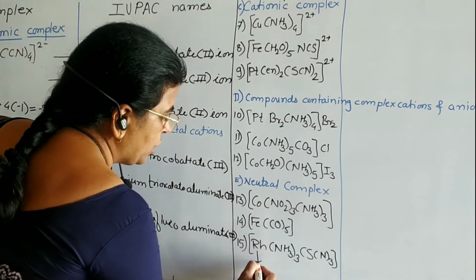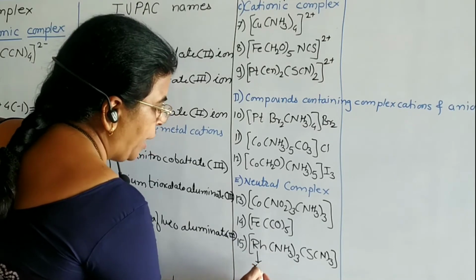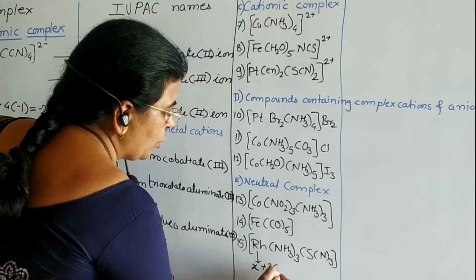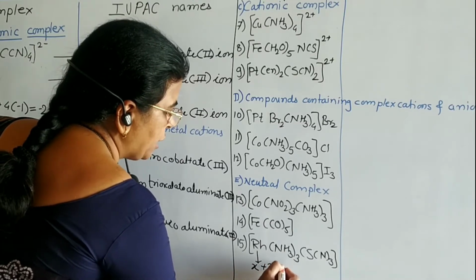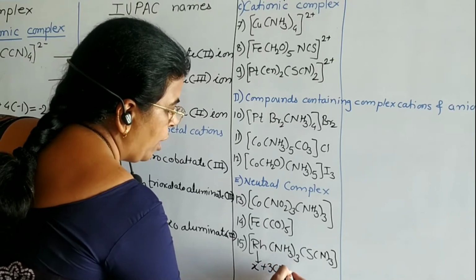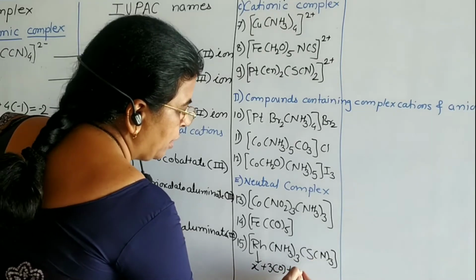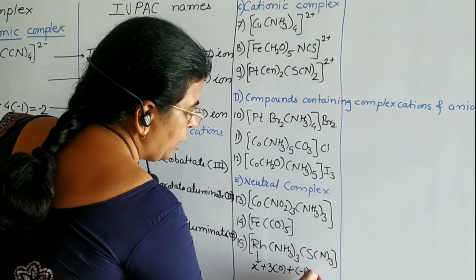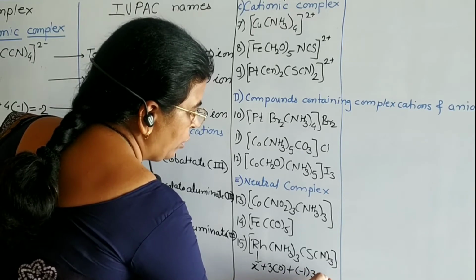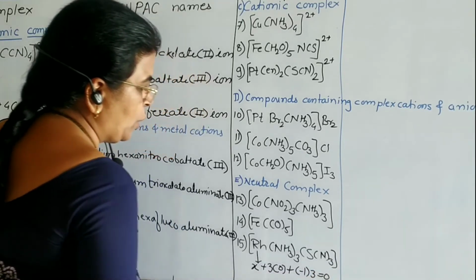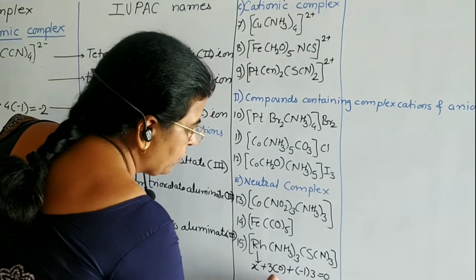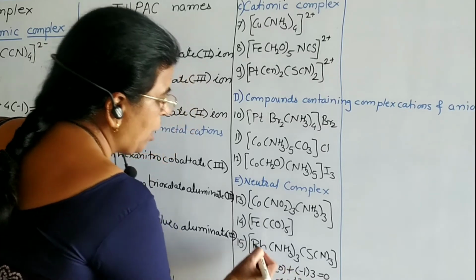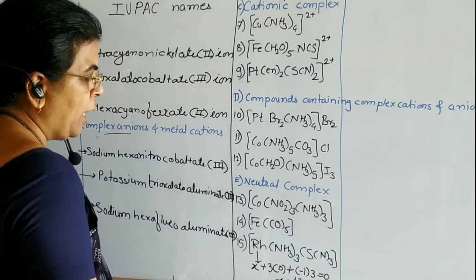First calculate the oxidation state of rhodium, X. Then 3 NH3 groups are present and the oxidation state of NH3 is 0 because it is a molecule, plus the oxidation state of thiocyanate, SCN, is -1 multiplied by 3, equal to the total charge on the complex, which is 0. Therefore X is equal to plus 3. That is, the oxidation state of rhodium is plus 3.